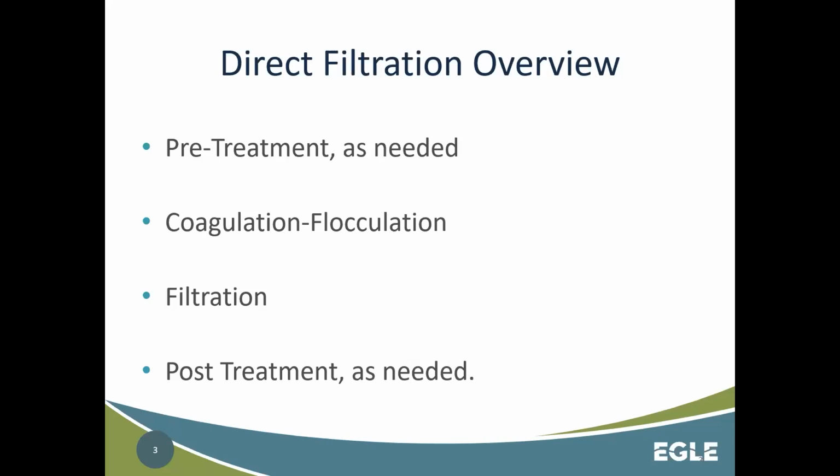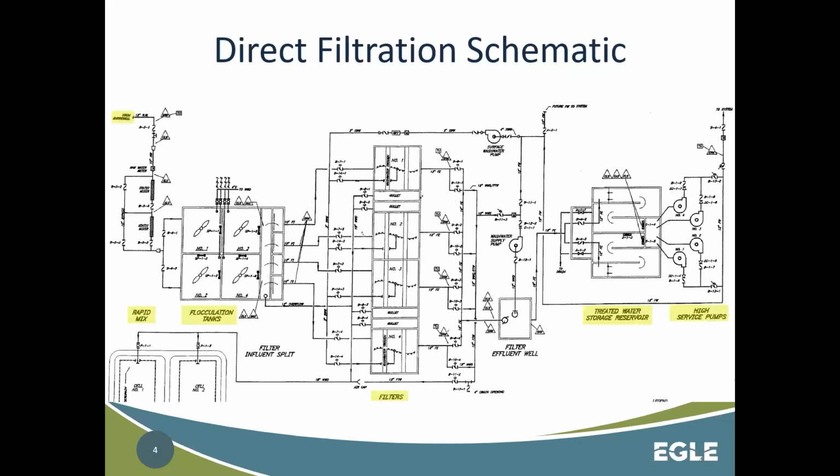So here's an actual direct filtration plant schematic. You can see you've got your water getting pumped coming in, and you have 2 static mixers right here. That would be like your rapid mix, where you're introducing your coagulant. Then it goes into a series of flocculators.